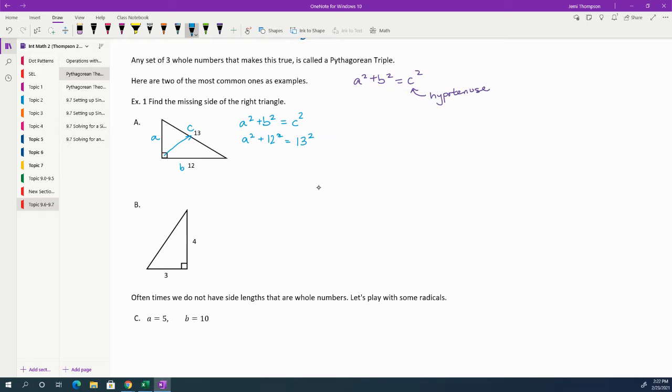All right, so to solve for A, I need to simplify everything else first. So 12 squared gives me 144. Remember that 12 squared means 12 times 12. And 13 squared is 13 times 13, which is 169.